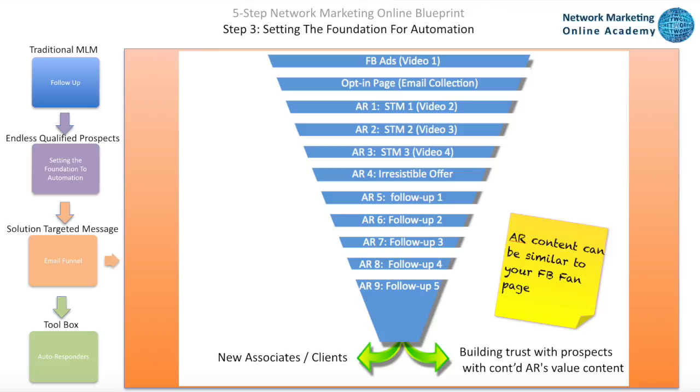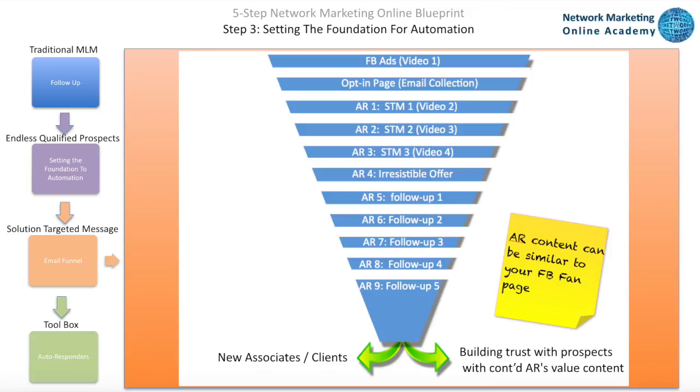The second purpose is that in exchange for their email, you've promised to provide them with additional valuable free content. Again, it could be your company's opportunity video that you've broken down into 3 parts and uploaded on YouTube or Vimeo. Or some companies will just provide you a link because the video is on the company's server, and you have a hyperlink that you can just put in your autoresponder.